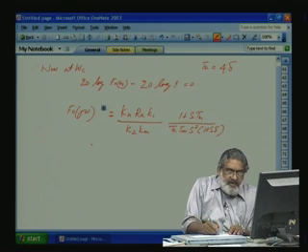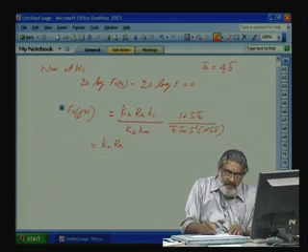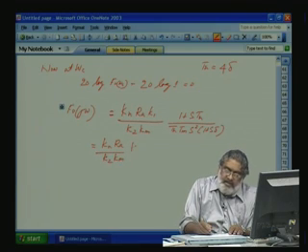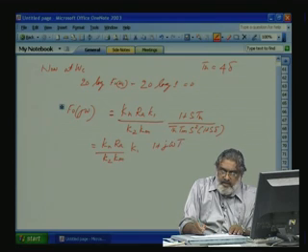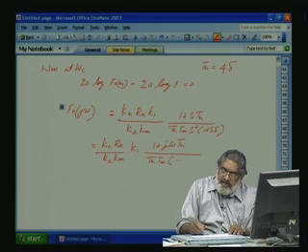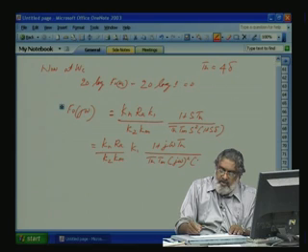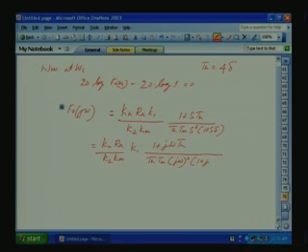This is equal to Kn Ra K1 by K2 Km into (1 plus j omega Tn) by Tn Tm into (j omega) square into (1 plus j delta omega).